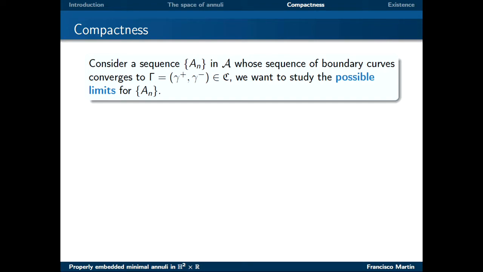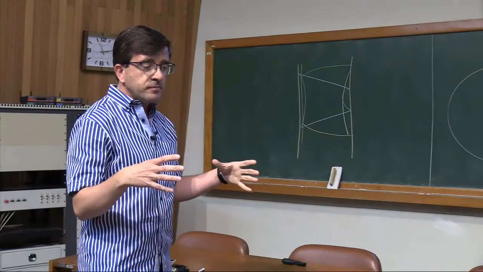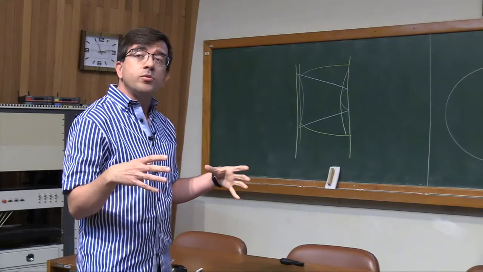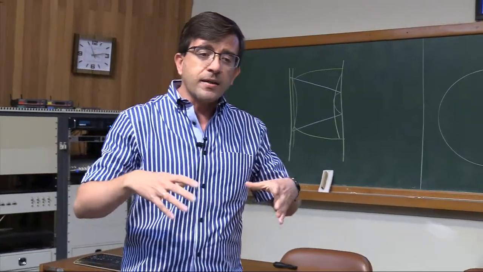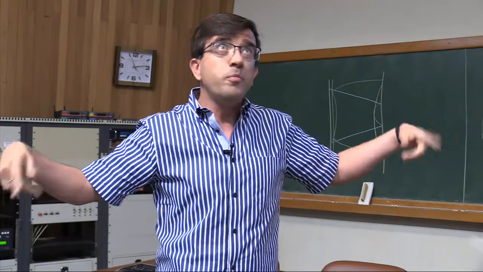What are the hypotheses that you have to add to a family of annuli to guarantee that you have a limit? Well, we know that if we have a family of annuli like the ones we are considering, there is a solid cylinder in H2 cross R, so that outside this cylinder, what you see consists of two vertical graphs.